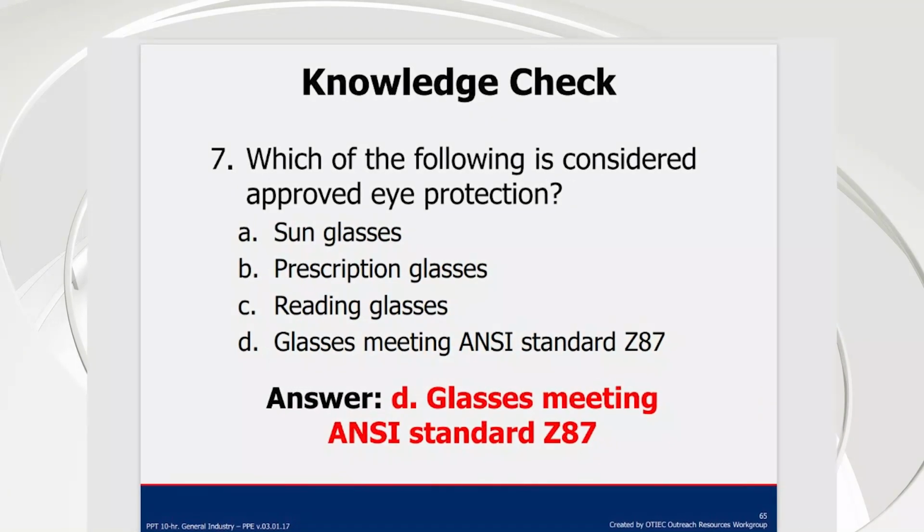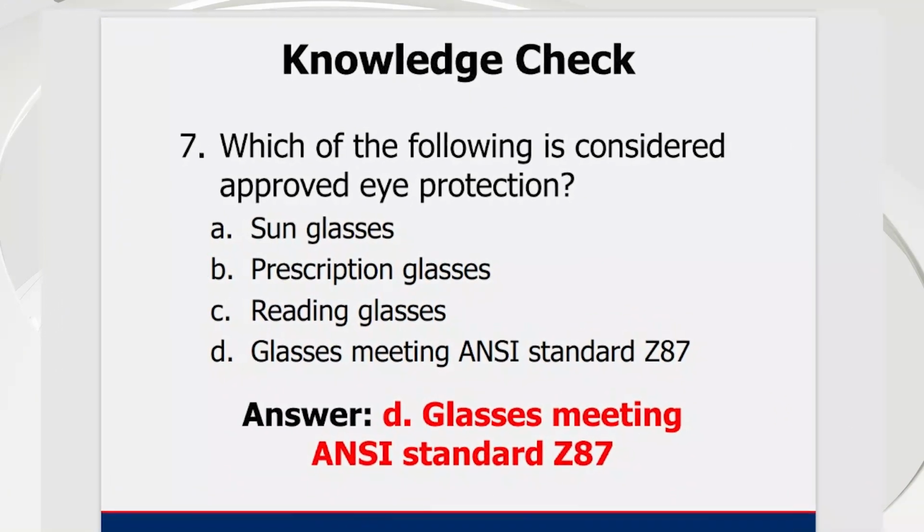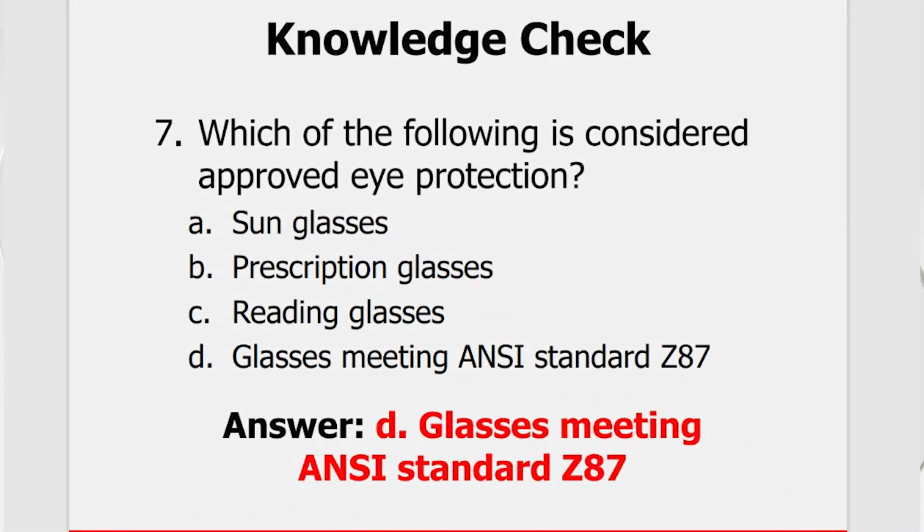Which of the following is considered approved eye protection? A. Sunglasses, B. Prescription glasses, C. Reading glasses, D. Glasses meeting ANSI standard Z87. The correct answer is D. Glasses meeting ANSI standard Z87.